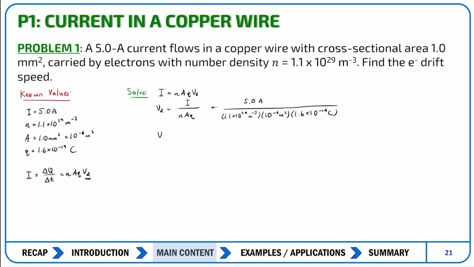So that will give us v_d is equal to 0.28, not meters, millimeters per second. And that is our answer for the drift velocity.